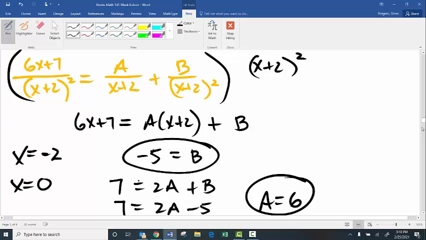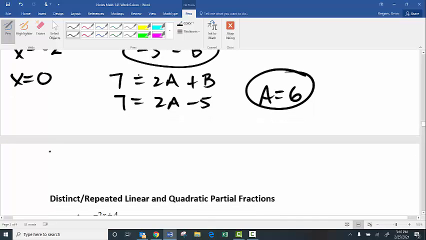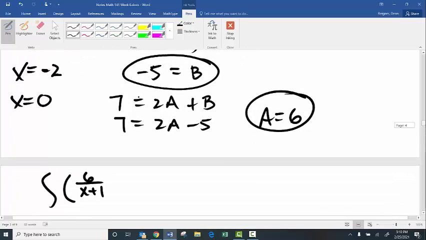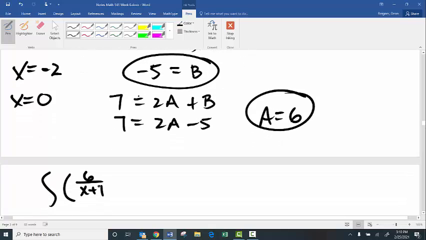So now we have our a and b, so now we can do our integral. All right, so we have integral, parenthesis, 6 over x plus 2, plus negative 5 over the quantity x plus 2, the quantity squared, end your parenthesis, and then a dx.